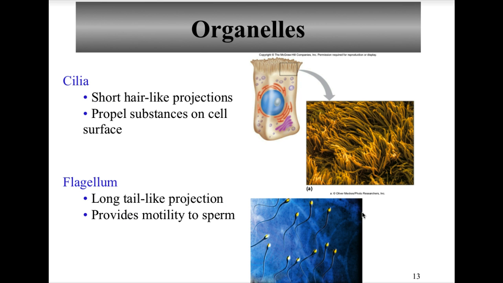Cilia are short hair-like cellular extensions, much like eyelashes, that help move substances through passageways, and they are located in the lining of the trachea and the fallopian tubes. The flagellum, singular, is a tail-like projection, only one flagellum per cell in humans, and that is going to aid in cell locomotion because it's going to provide motility to sperm cells.